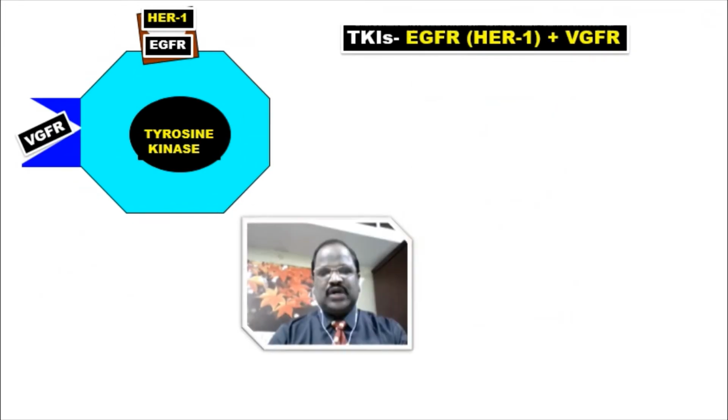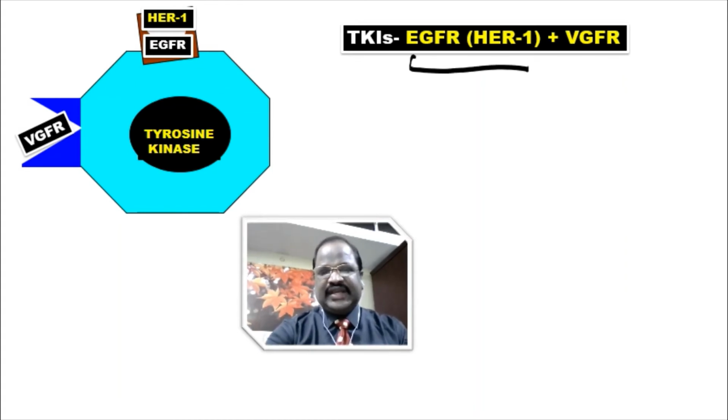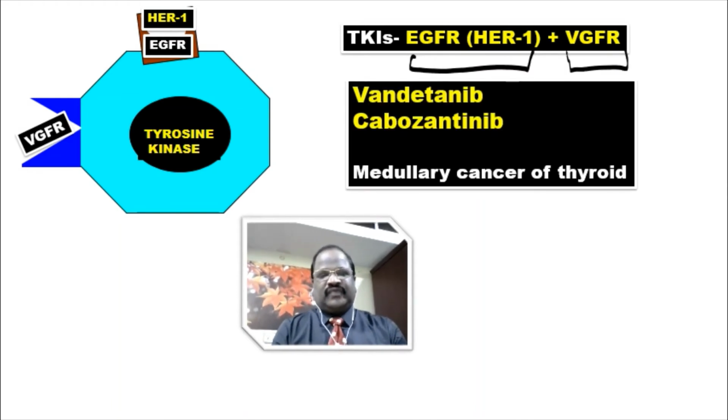Now I have some more multi-targeted tyrosine kinase enzyme blockers. For example, there are some tyrosine kinase inhibitors targeting EGFR plus VEGFR. The drugs are vandetanib, cabozantinib. These two drugs target EGFR as well as VEGFR, and they are useful for treatment of medullary cancer of thyroid.